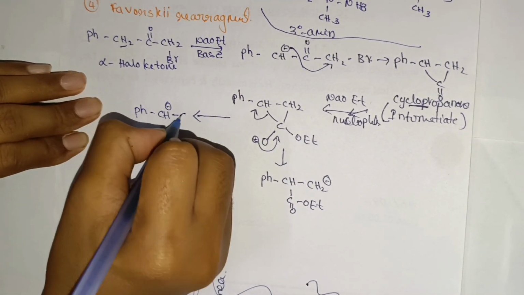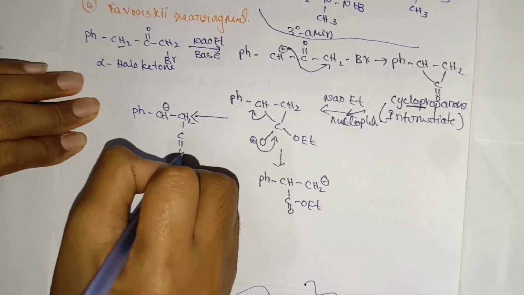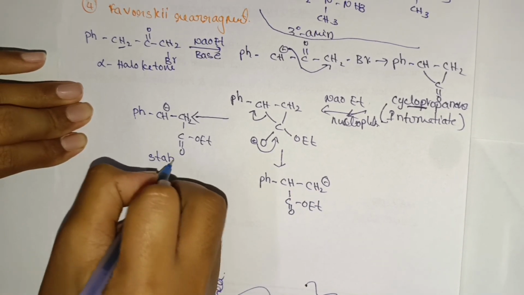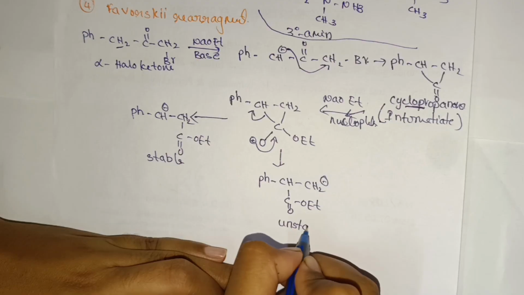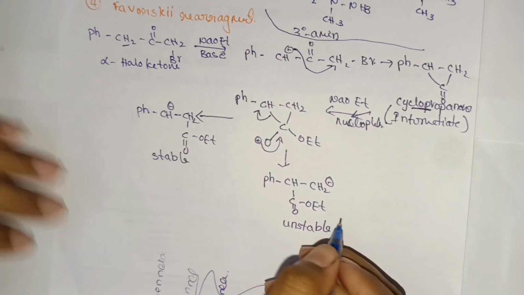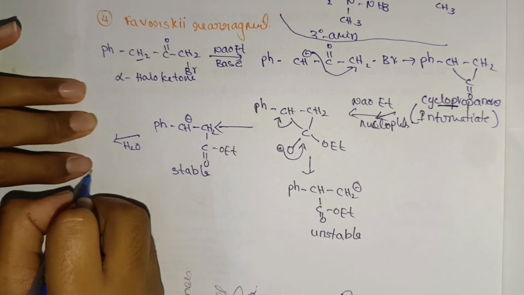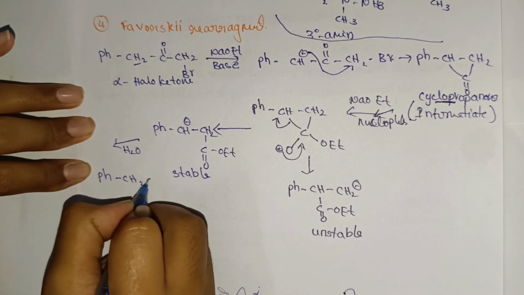Another product is phenyl CH negative charge, CH2 C double bond O OEt. This is the stable product, this is the unstable product. It reacts with water.